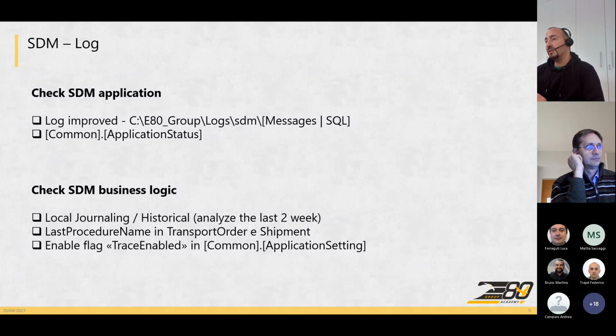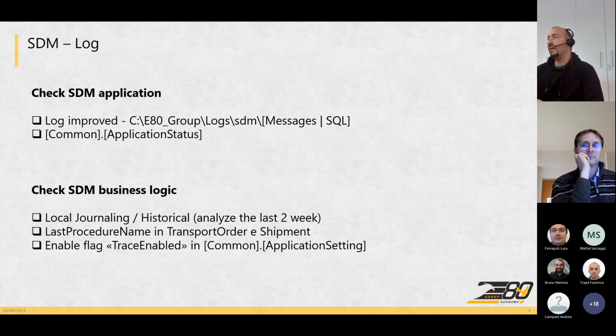Application status is a table that is also now in current NZM. We write in a text the status of the thread that you can find in the application.